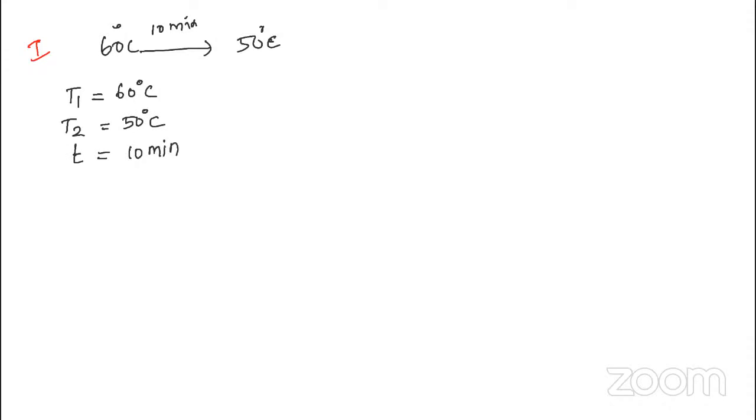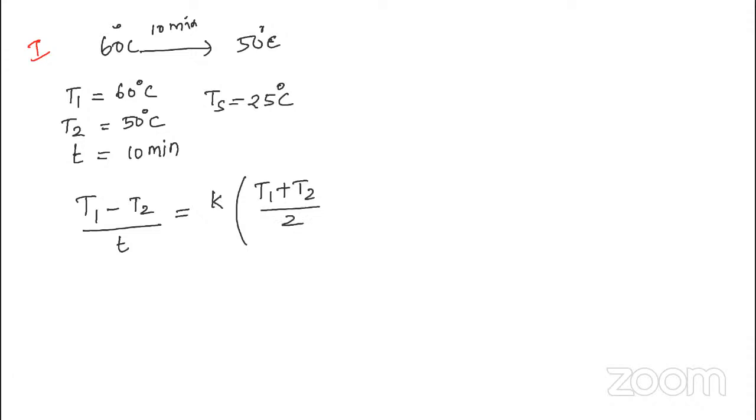Okay, and here Ts value is given as 25 degrees centigrade. What is the formula we know in Newton's law of cooling? That is T1 minus T2 divided by t is equal to K into (T1 plus T2) by 2 minus Ts. We know the values, as we have given all of them above.